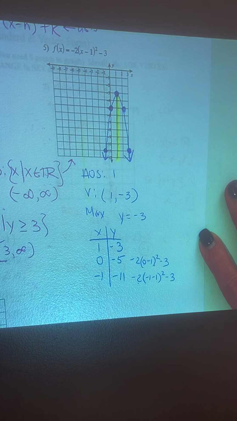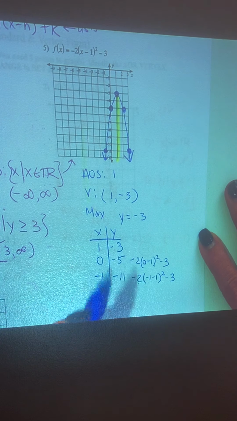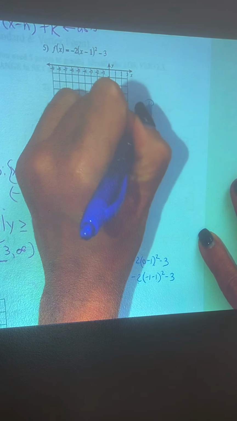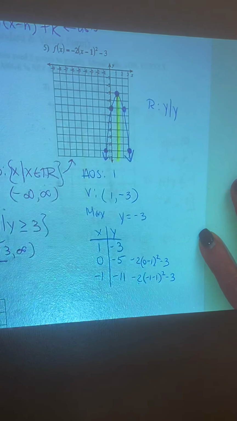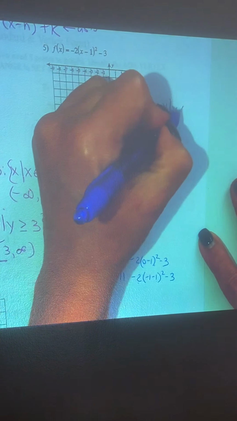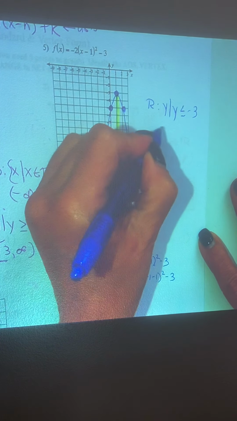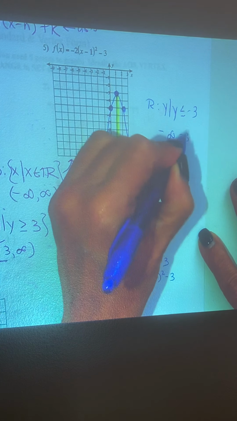Okay, we said the domain was all real numbers, like we said, and now it's just our range. Our range, we'll put that right here. Y such that y is going down, so it's less than or equal to y value of the vertex, -3. So therefore it's -infinity, comma, -3.